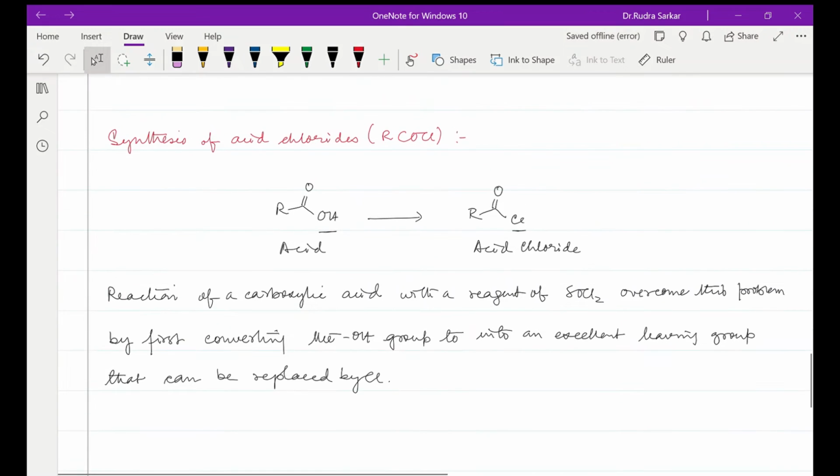So what are we using? We are using SOCl2, and we are also using certain amount of catalytic base, and this conversion is taking place.